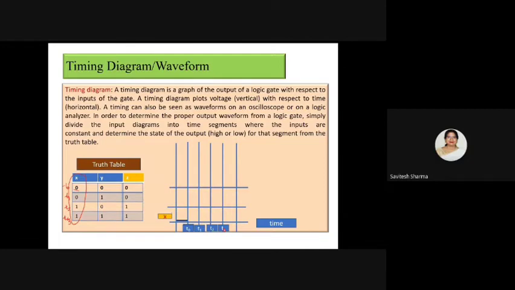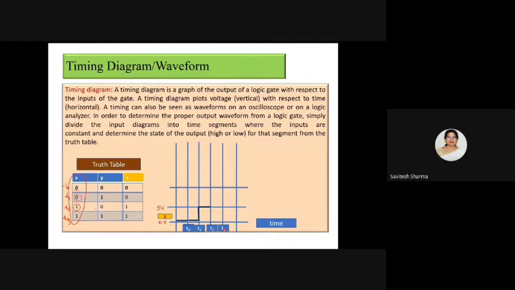At the next state, T1, your x is again 0, so you will again draw a 0 line. At T2 it is 1, so you will draw the line at the highest voltage. I am assuming this is at 0 volt and this is at, for example, 5 volt.